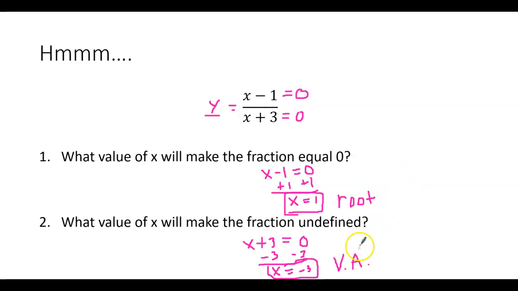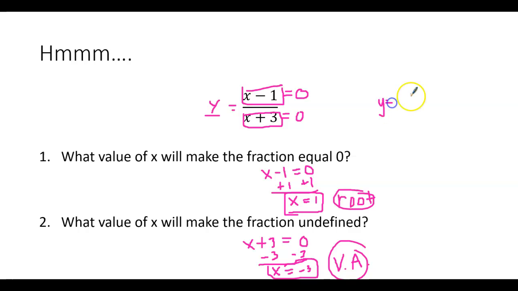So, if you want to find your vertical asymptotes, you set the bottom equal to 0. So now we know how to find two other important parts of our rational expression. Anything that makes the top equal 0 is a root, and anything that makes the bottom equal 0 is a vertical asymptote.